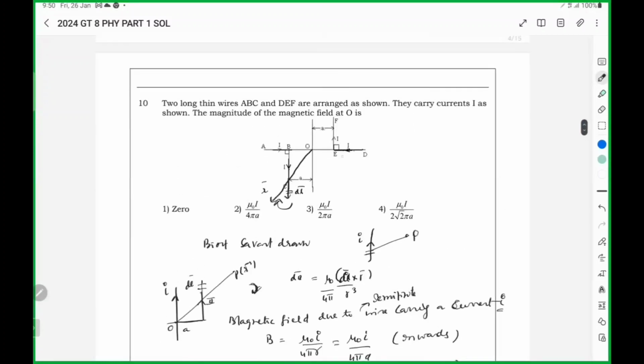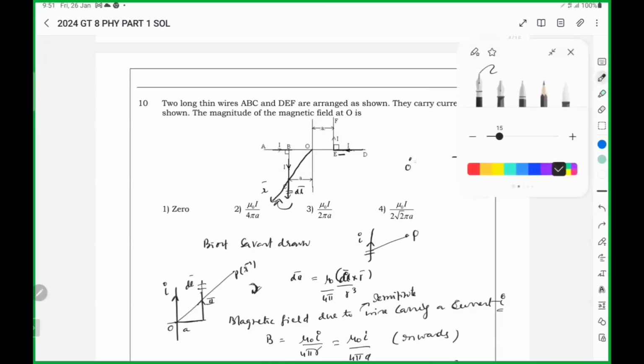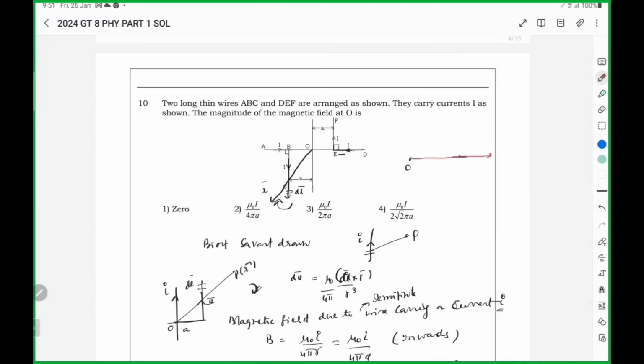But due to this part, here also a wire is there. So with respect to this, r bar is this. So here, current is flowing like this.